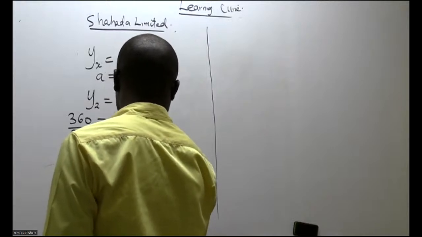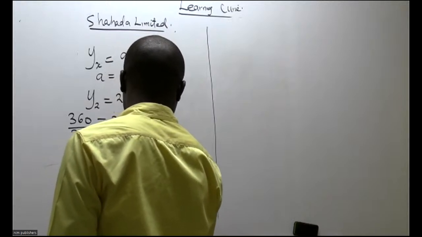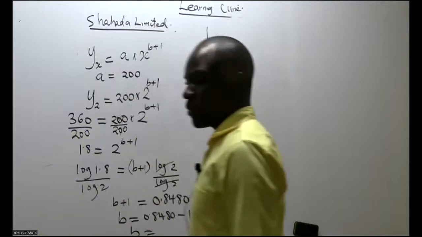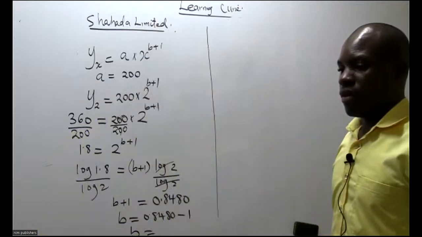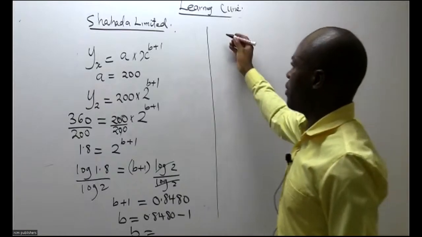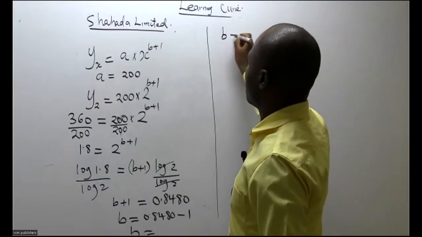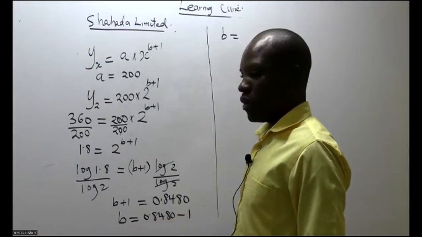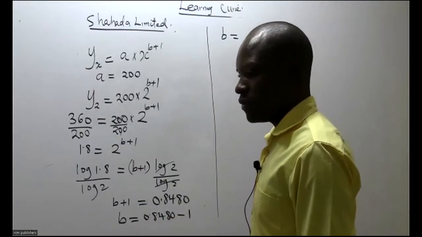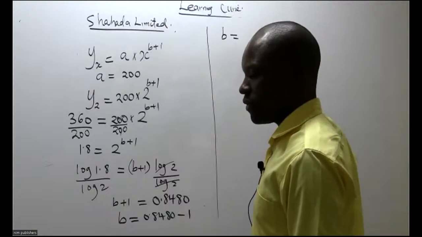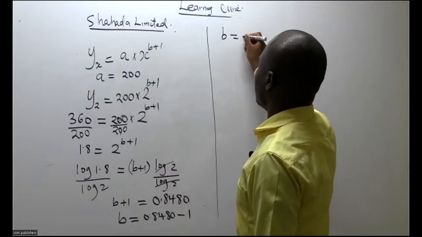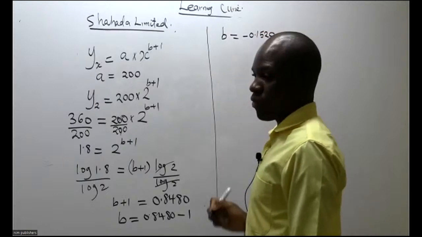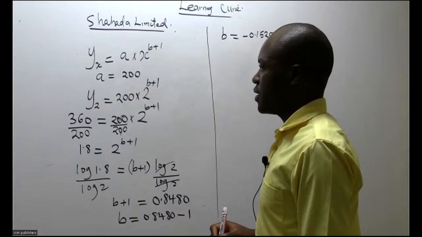B is equal to 0.8480 minus 1. So what is the value of B? Negative 0.1520. That is what we are getting, is it?